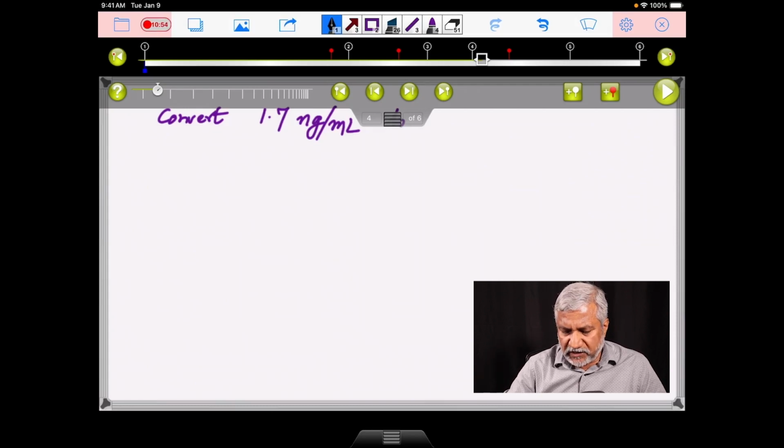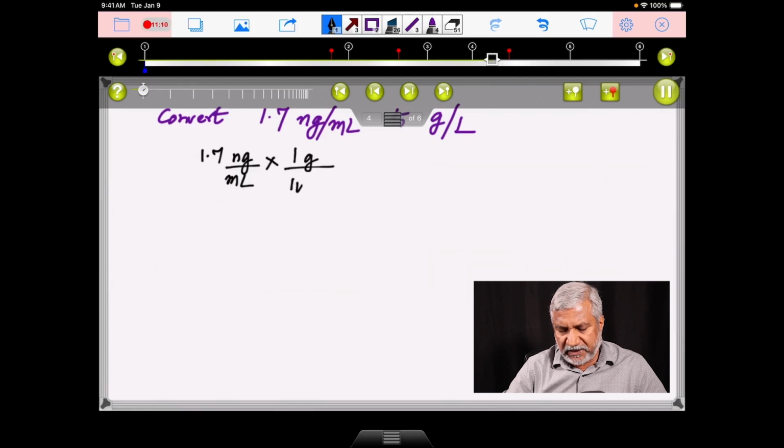So now you got to change this into grams per liter. Let's do this. So first of all, 1 gram is 10 to the power 9 nanograms. So don't be confused there. 1 gram is big. So 1 gram by 10 to the power 9 nanograms.